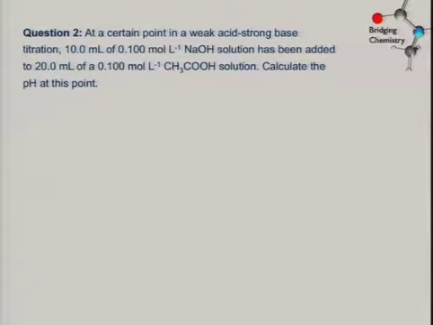Okay, so now this is different, yeah? Instead of mixing a solution of a weak acid with a solution of its conjugate base, so the two components of our buffer solution, now we're mixing weak acid with strong base. Right?